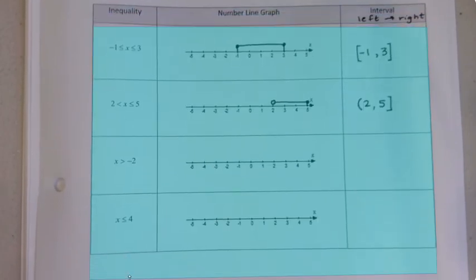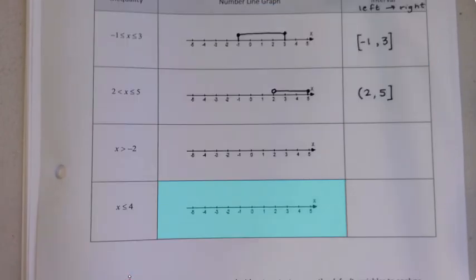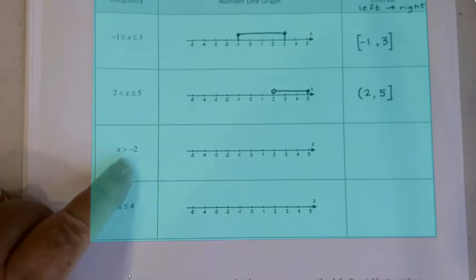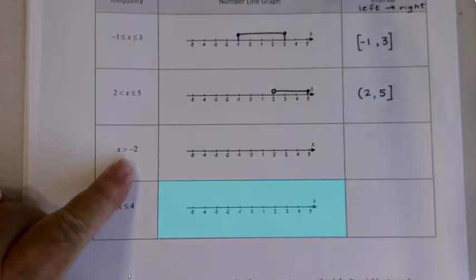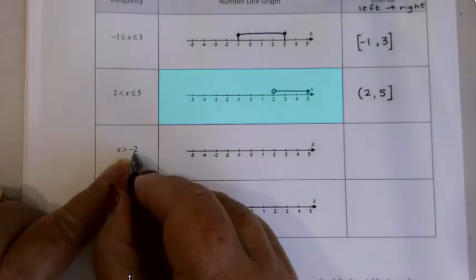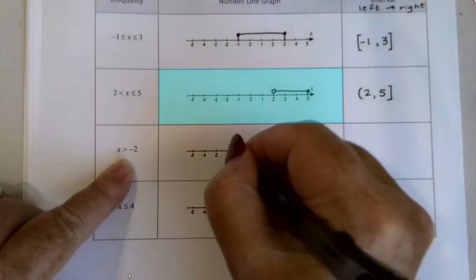All right, what about situations where I don't necessarily have a start and an end point? Maybe I just have a starting point or just have an ending point, and x can go on forever. That's what these next two are all about. In the next example, x is greater than -2. So first of all, I'm going to put -2 as my starting point.